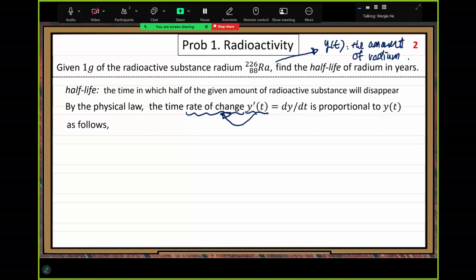Here is the relationship between the derivative concept and the differential concept: dy over dt, the differential of the y function and the differential of the t variable.